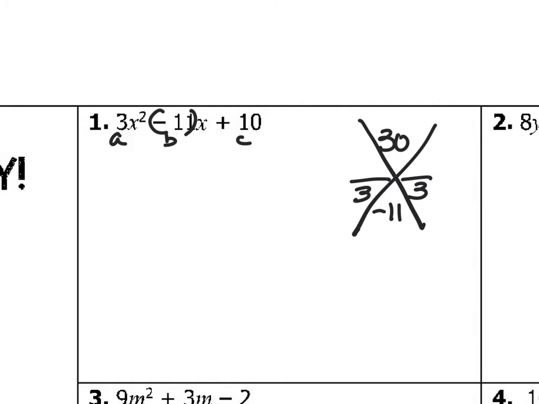So the factors of 30 that add up to negative 11. So 30 was 1 and 30, 2 and 15, 3 and 10. It's not going to work. 4 doesn't do, 5 and 6. All right, 5 and 6.